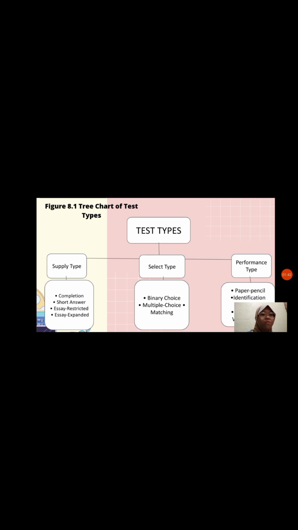In the second column, select type, we have binary choice, multiple choice, and matching. On the third column, we have performance type, and under it we have paper pencil, identification, simulated, performance work sample.